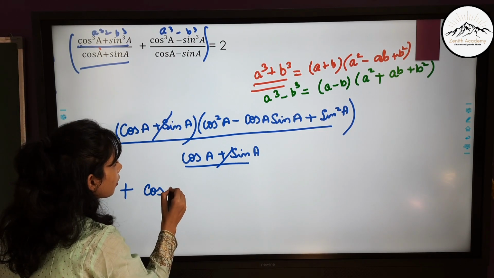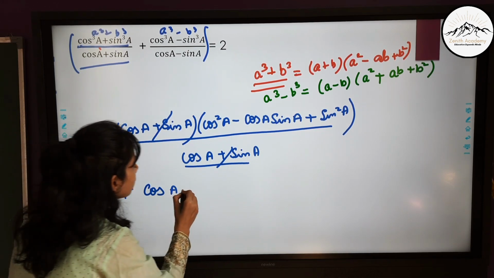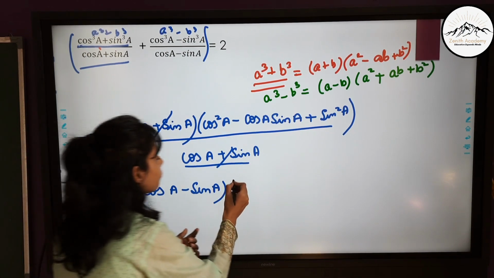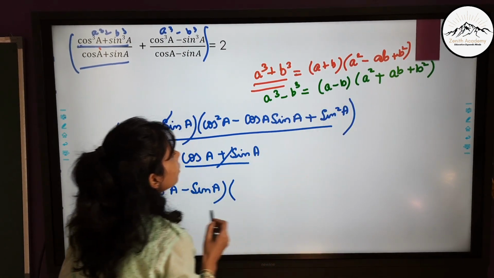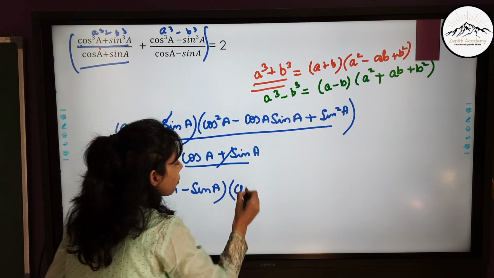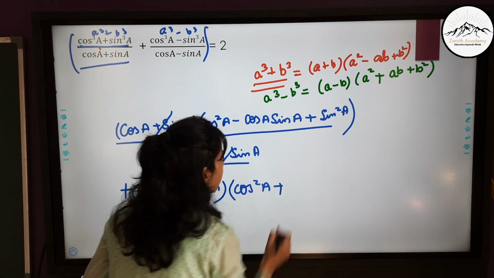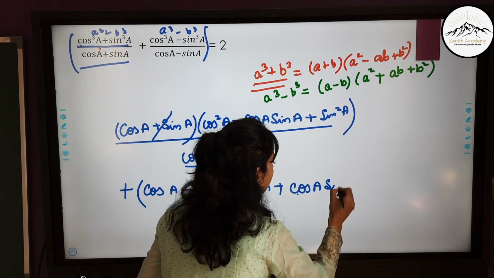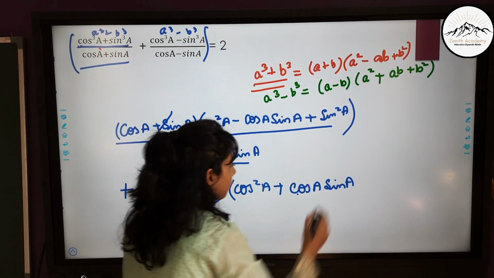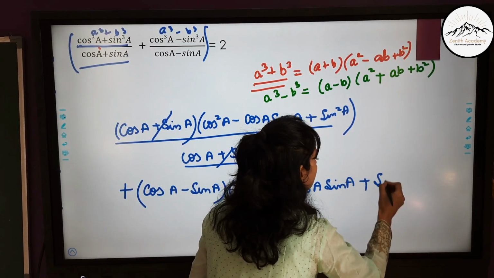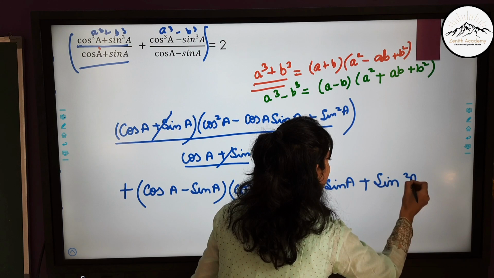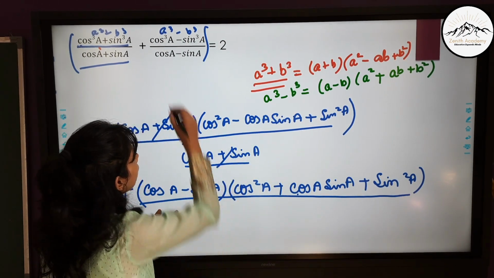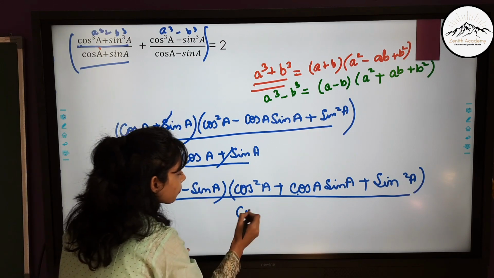Cos a minus sin a into what is our next term? Cos square a plus cos a sin a plus sin square a. This whole is divided by cos a minus sin a.